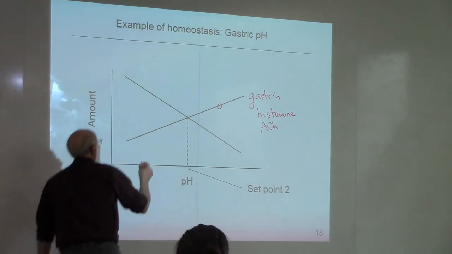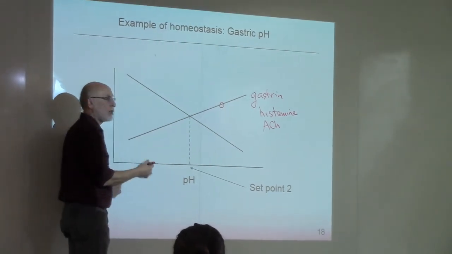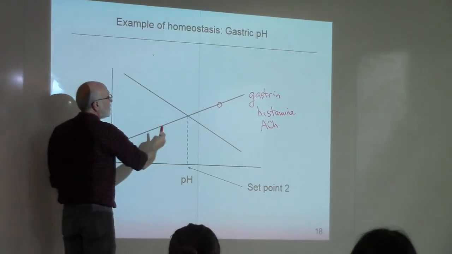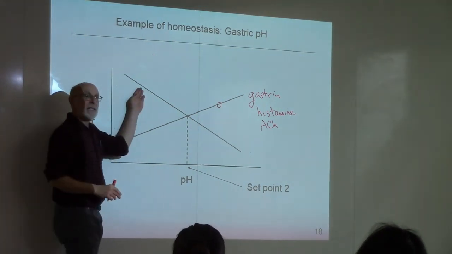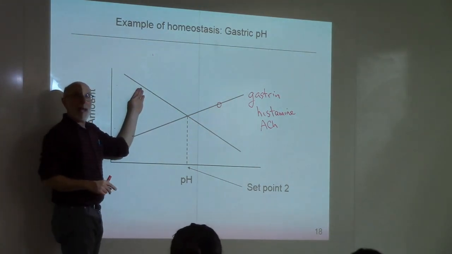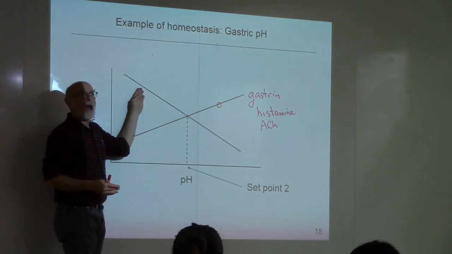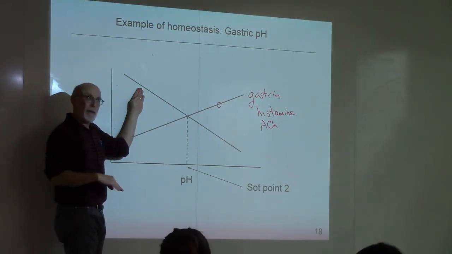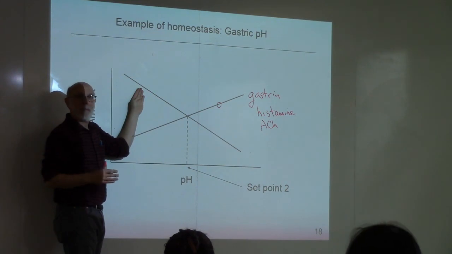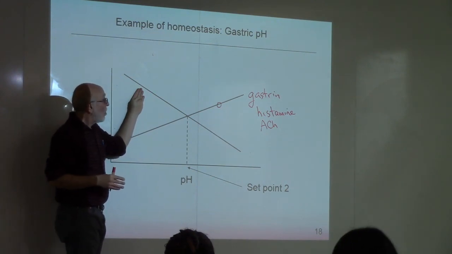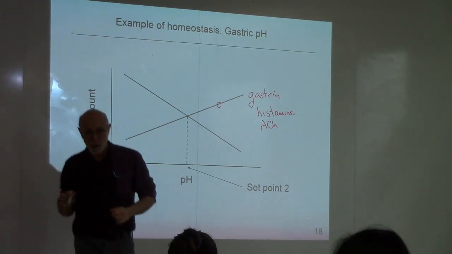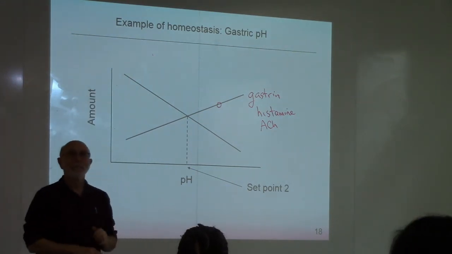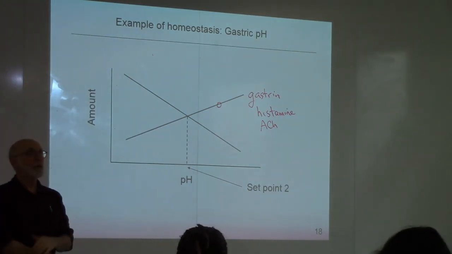Okay, so if the pH goes down, more acidic than it should be, gastrin and histamine and acetylcholine are turned off, turned down, and somatostatin, CCK, and secretin are activated because they inhibit the production of stomach acid by the parietal cells. Okay, so here's a system that has its own sort of intrinsic homeostasis.